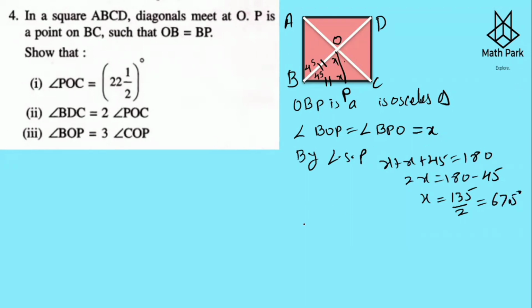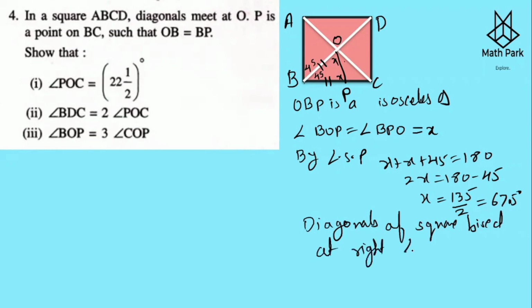And we know that diagonals of a square bisect at right angles. Therefore, you have angle BOC is equal to 90 degrees, which is equal to X plus angle POC.